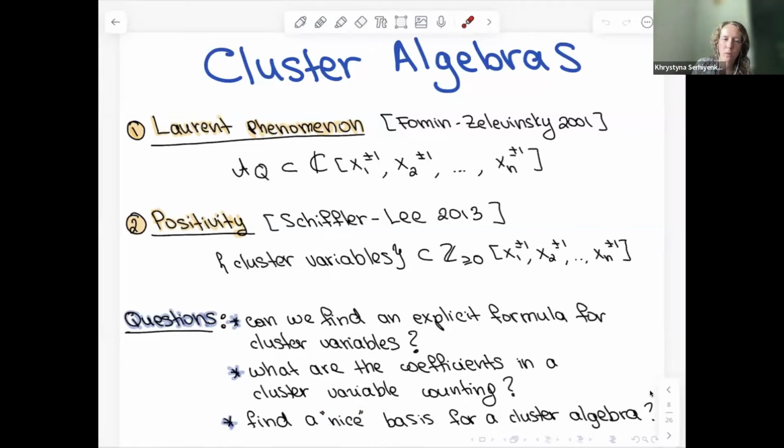So these three questions have motivated a lot of work on cluster algebras. And some of these have multiple answers depending on the types of algebras you consider. If you restrict to some particular types, you get some nicer combinatorics, some nicer answers. But a lot of this work has been motivated by these questions.